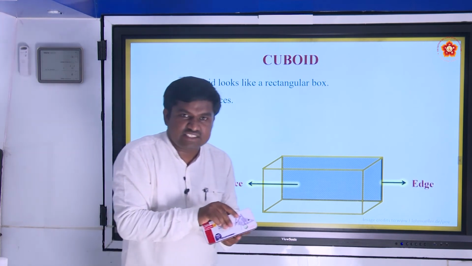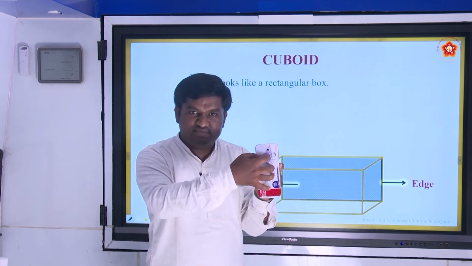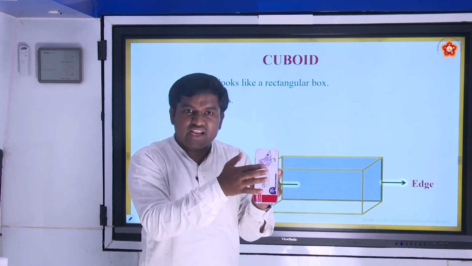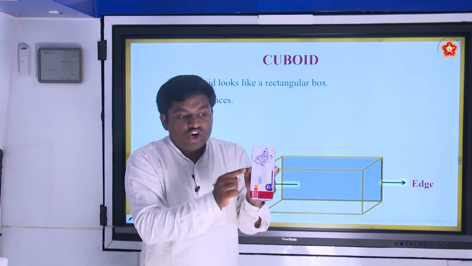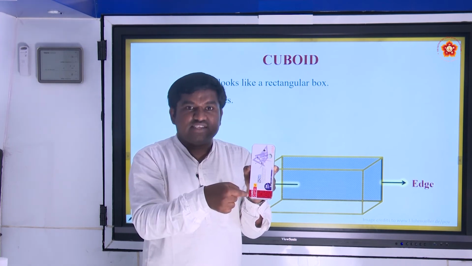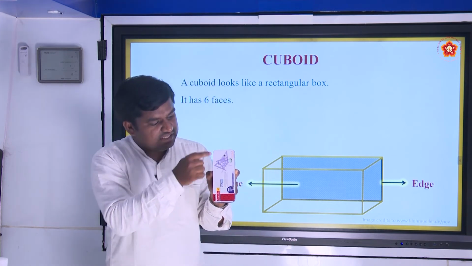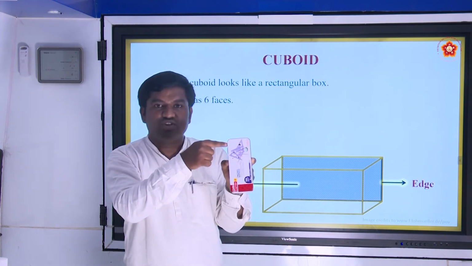Next, edges. How many edges are there for each face? I will take this face. How many edges are there in this face only? This is one edge. Edge means 2 faces meeting at a line segment. This is one, second one, third one and fourth one.